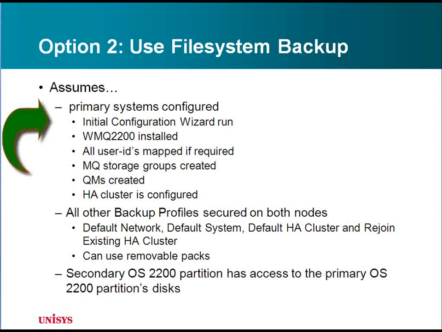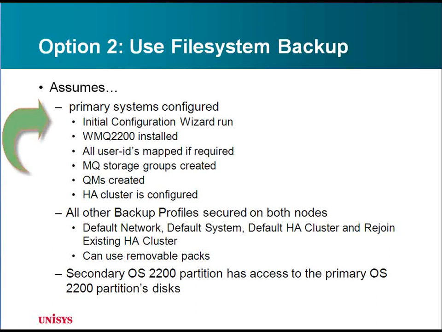WMQ 2200 has been installed on both cluster nodes. Any user IDs that need to be mapped to QProcessor groups have been done. The MQ storage groups have been created and your queue managers have been created on them. You have also configured your HA cluster pair on your primary systems.